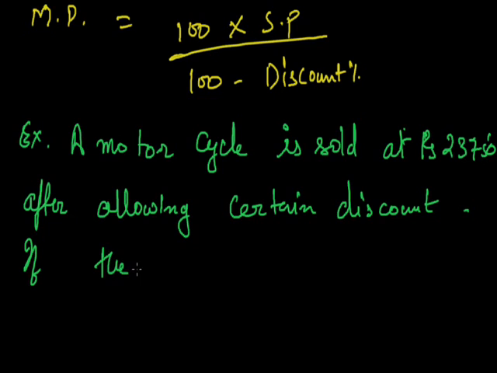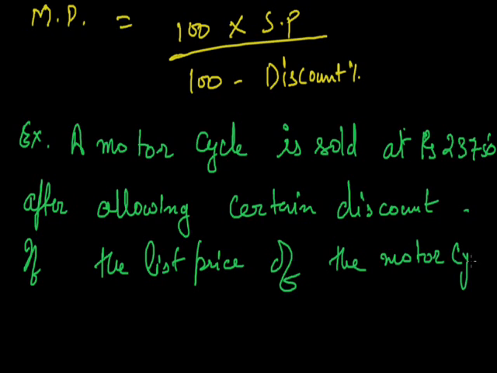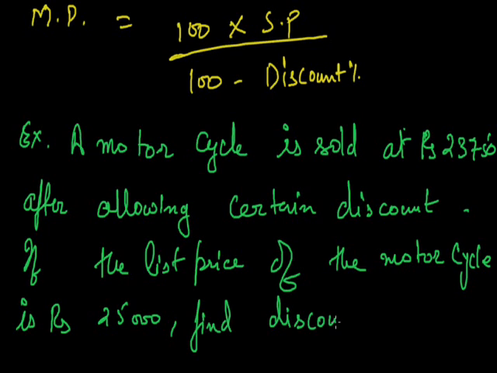If the list price of the motorcycle is rupees 25,000, find the discount percent. Now here you can see that we are provided the selling price of the article after allowing the discount, and the list price, that is the mark price, is also given.